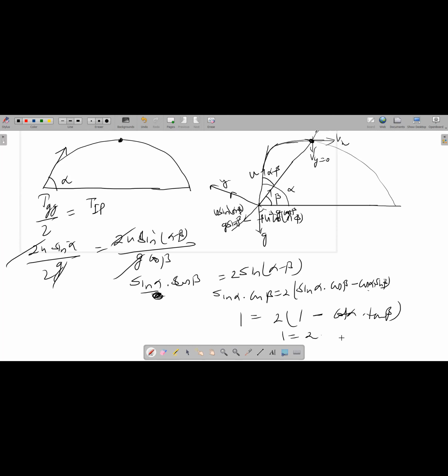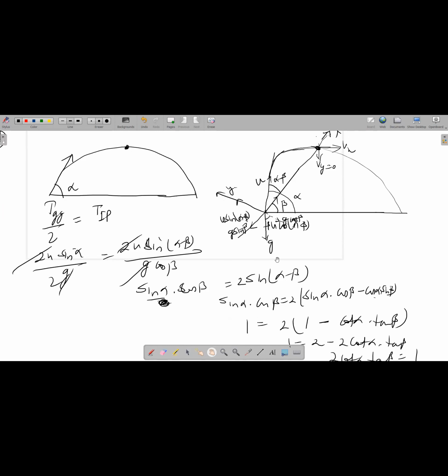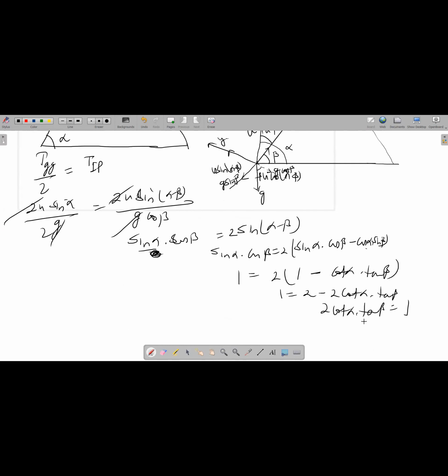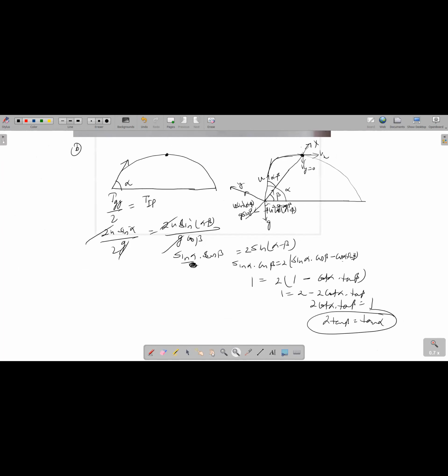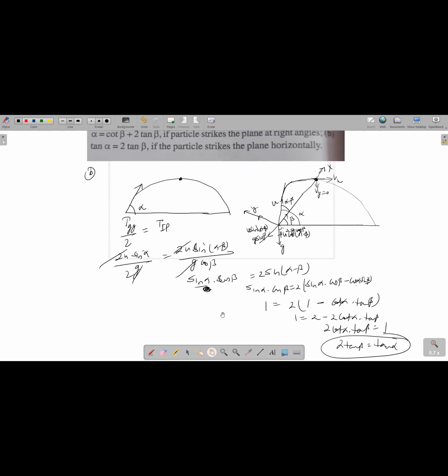So 1 equal to 2 minus 2 cot alpha tan beta. So 2 cot alpha tan beta is 1. So we have proved tan alpha equal to 2 tan beta. Hence proved. Tell me, understood or not?